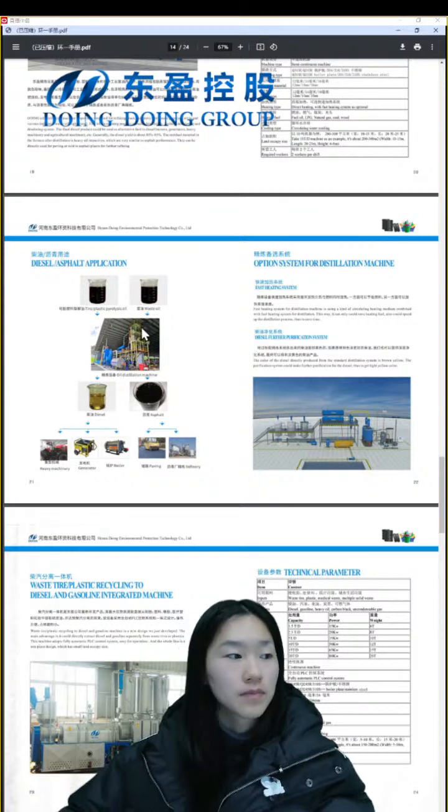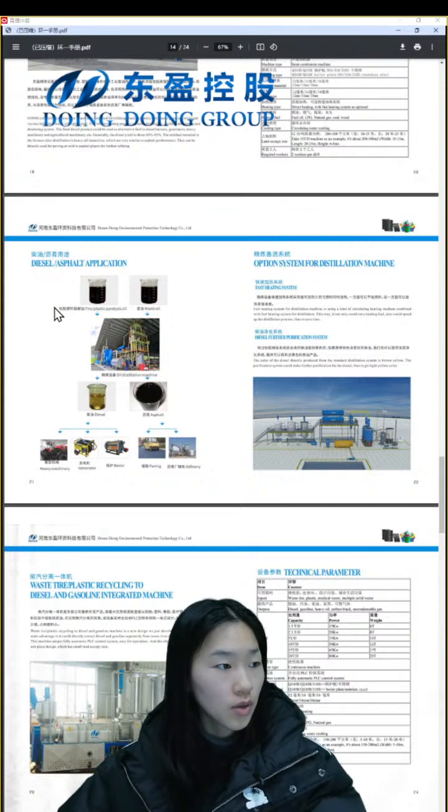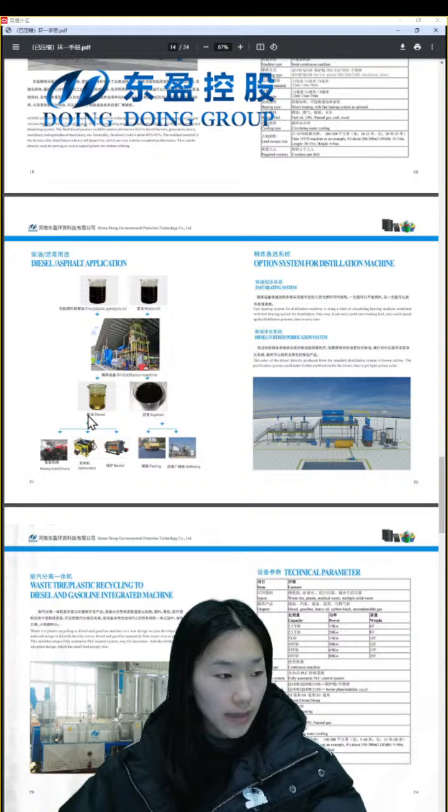Okay, then we need to learn about the applications of this diesel and the asphalt. This diesel can be used for generators, like heavy machinery generators, and boilers.